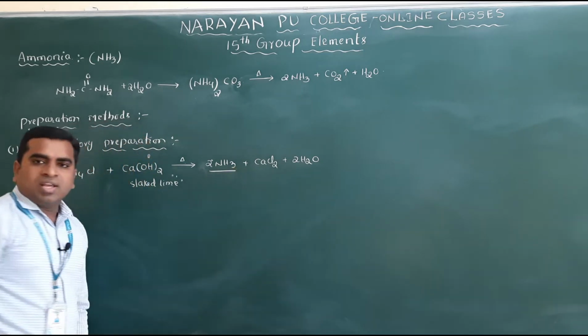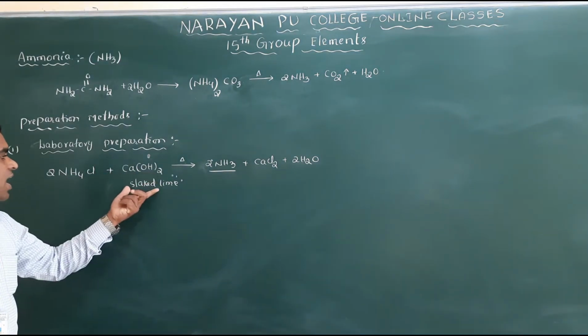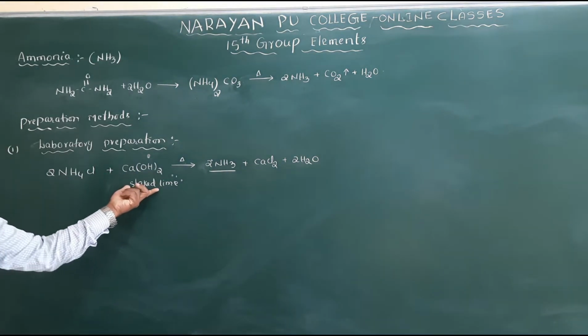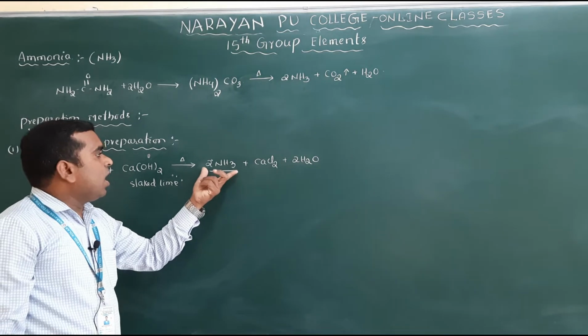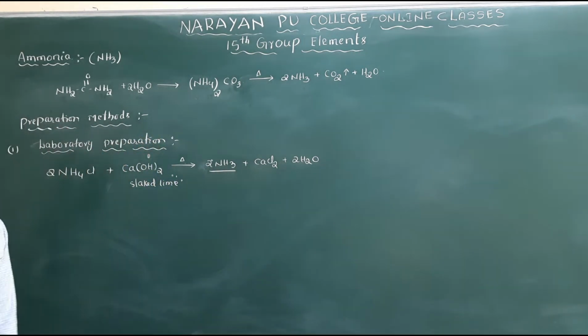This is how ammonia is prepared in the laboratory: heating the mixture of ammonium chloride and calcium hydroxide, slaked lime, gives ammonia, calcium chloride and water.